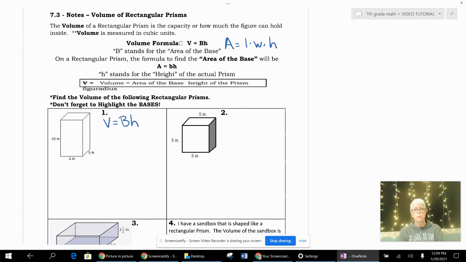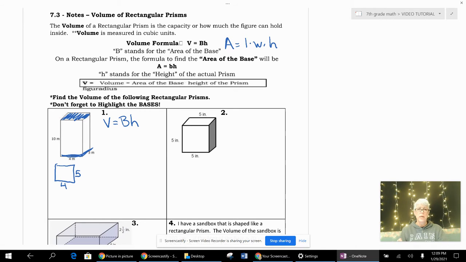So big B, as we mentioned, is the area of the base. Let's shade in the base. I'm going to pick the top and the bottom, and I want you to go ahead and pick the top and the bottom too. I'm going to peel off the bottom so that you can see, even though it looks like a square, it's not. It's a rectangle. It's 4 by 5.